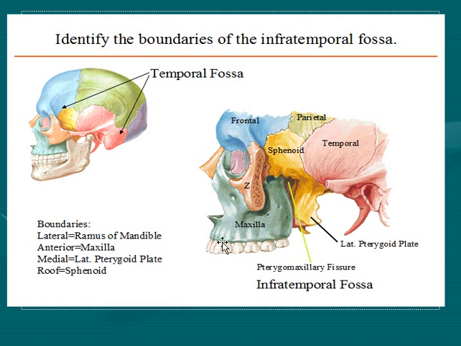Also in the lateral side, we can see two lines. This is the inferior line and this is the superior line, named the superior temporal and inferior temporal lines, starting as a single line and then separating and ending at the posterior end of the temporal fossa.